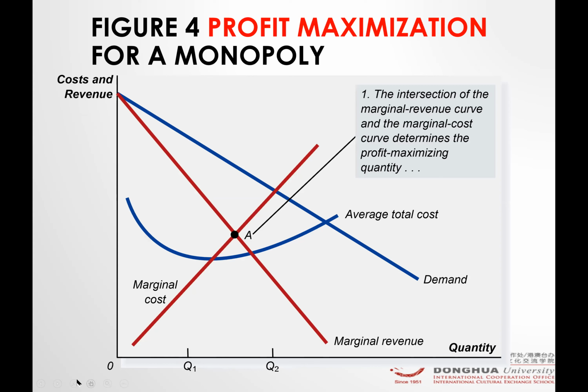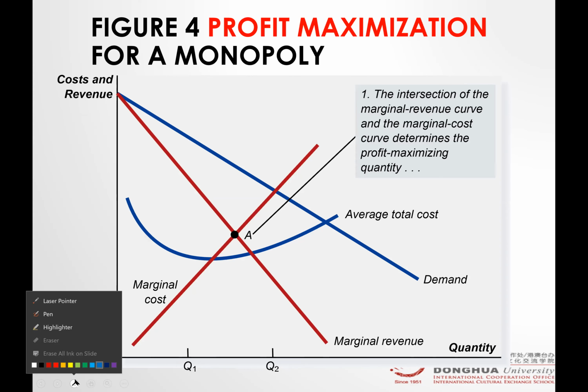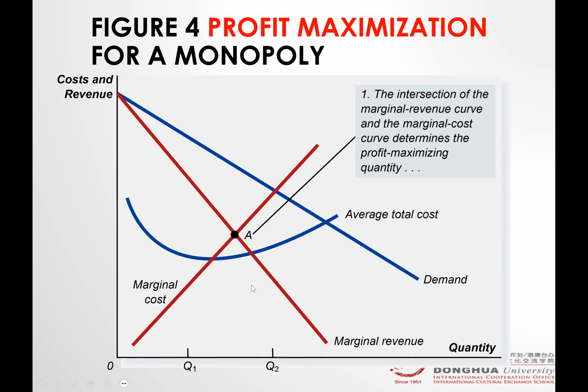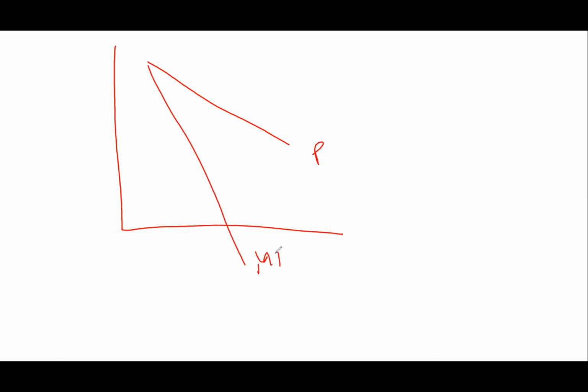So let me draw it myself so it will be more meaningful for you guys. Let's share the whiteboard here. We find out that the revenue structure is going to be a downward sloping price curve, and MR is less than the price.